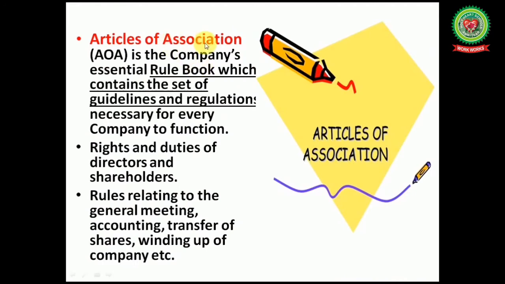So articles of association is a company's essential rule book which contains the set of guidelines and regulations necessary for every company to function. It provides the rights and duties of directors and shareholders, rules relating to the general meeting, accounting, transfer of shares, winding up of the company is also mentioned in the articles of association.